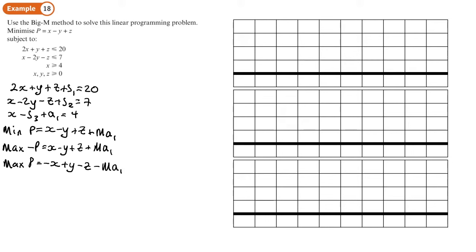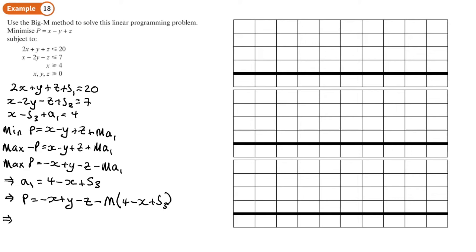So let's work out what a1 is using the third equation there. So a1 is equal to 4 minus x plus s3. We'll substitute this here. So the objective function now becomes p equals negative x plus y minus z minus M times 4 minus x plus s3.